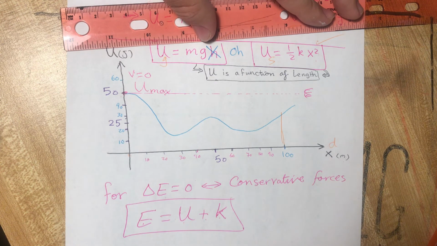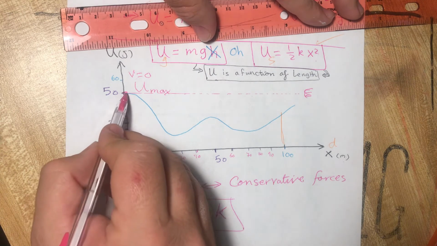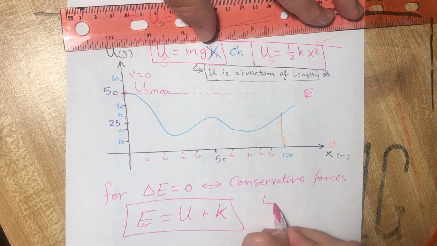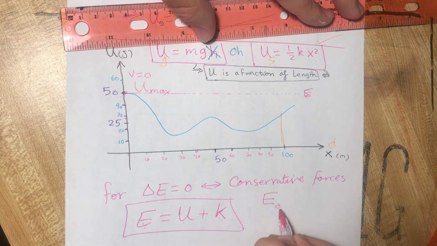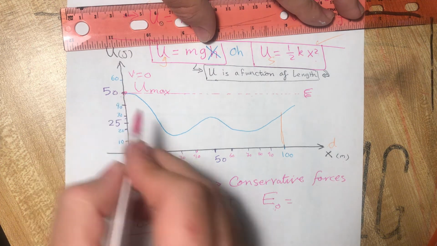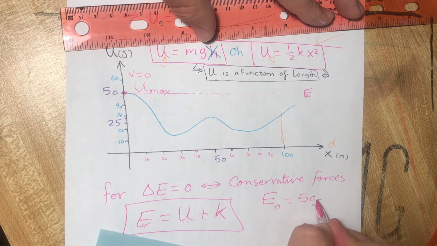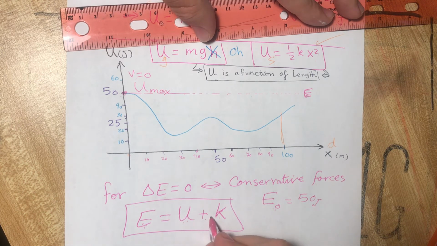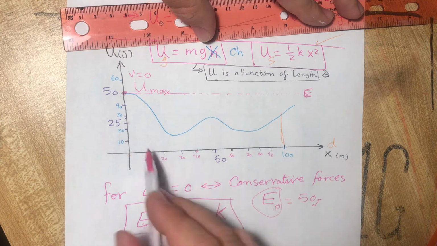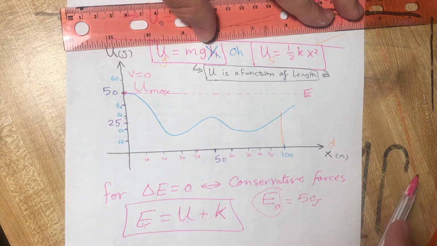Okay, so how much is the mechanical energy at point 0? The mechanical energy at point 0 is equal to the potential energy at point 0, which is 50 joules. How much is the kinetic energy? It is 0. So the mechanical energy will remain constant all over the curve.